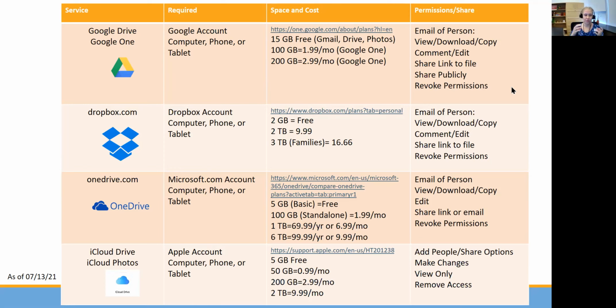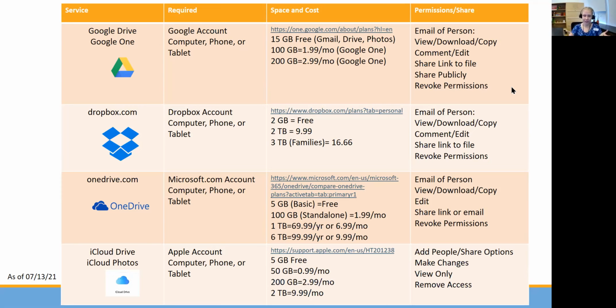So Google Drive and OneDrive are also bundled with other things. For example, with OneDrive, with a Microsoft account you can also get access to Microsoft Word, Excel and PowerPoint online. So that is wrapped up in having a Microsoft account already. So you might want to weigh whether or not you get access to other things and other features.